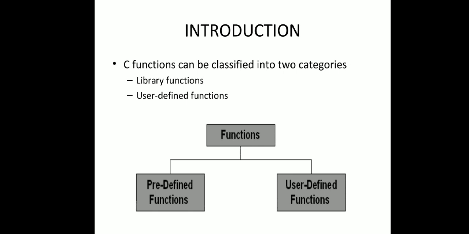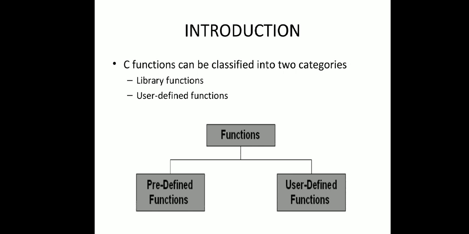What are library functions? The functions which are already written in C. So they are already available. It is like ready-made functions. We don't have to write any functions. We can just import those functions. They are already predefined. So such functions are called library functions.